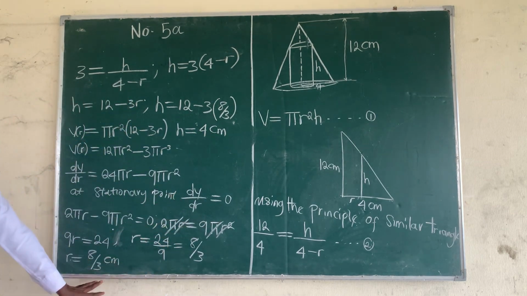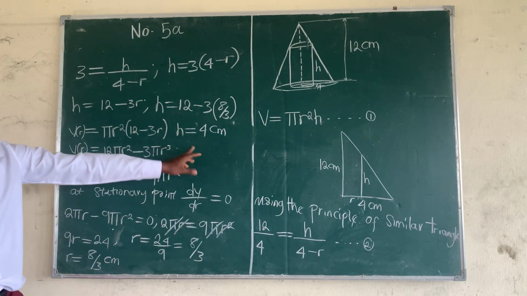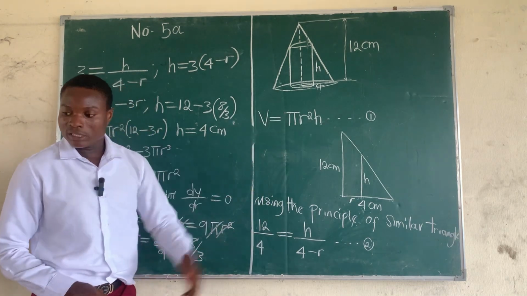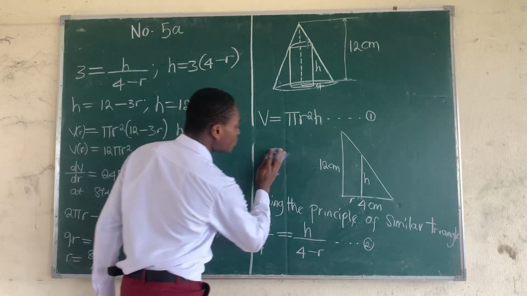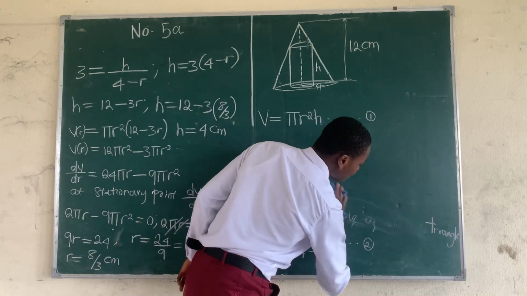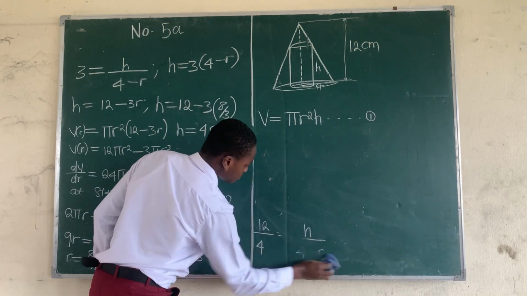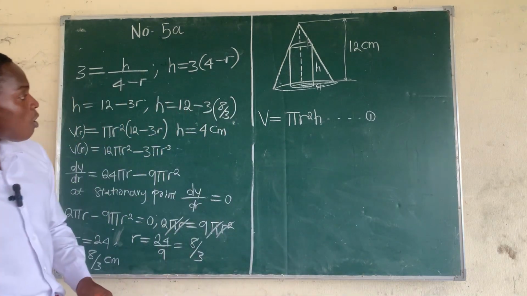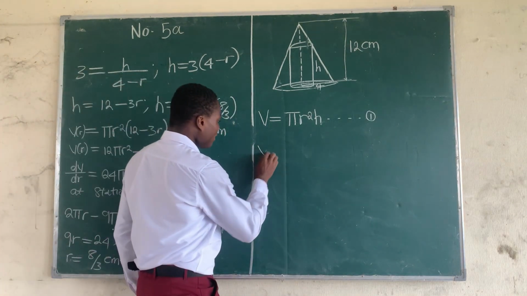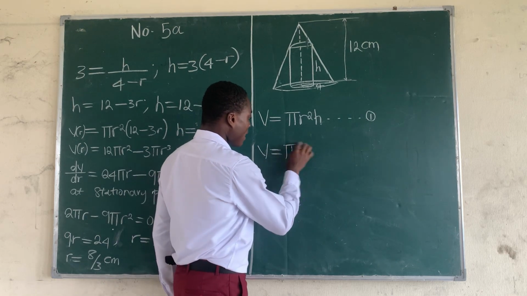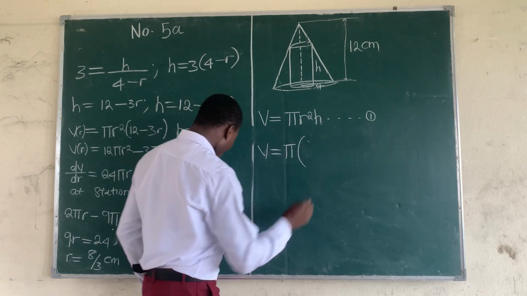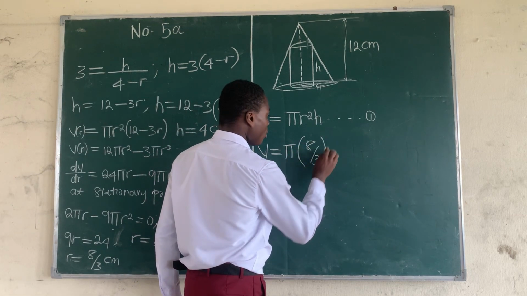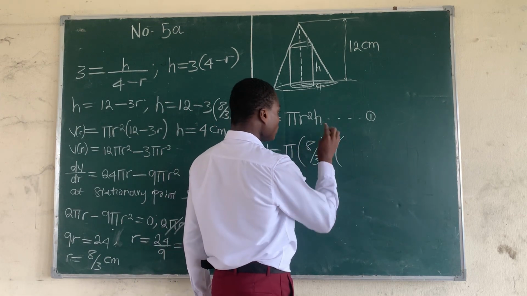Since we have obtained the value of r and h, we can substitute it here to find the maximum volume of the cylinder. So let's quickly do that and see what we have. V becomes pi into r, our r is 8 over 3, so we have 8 over 3 all squared into h.